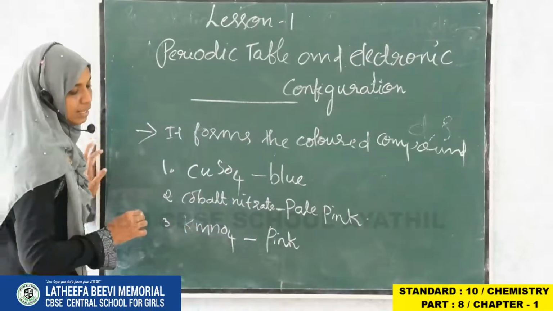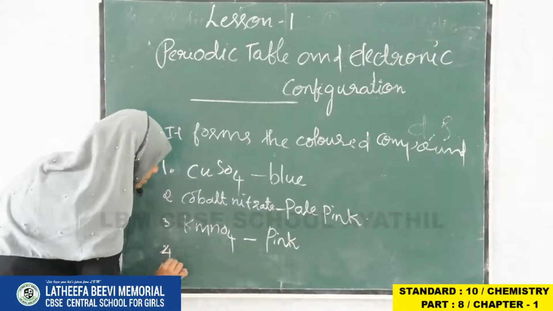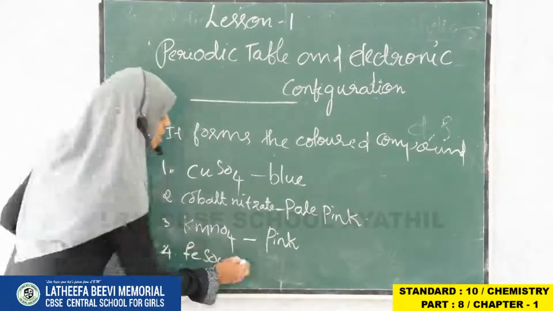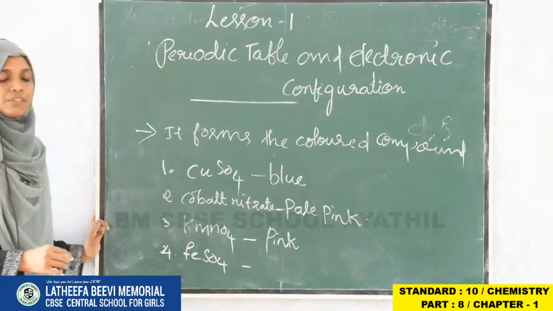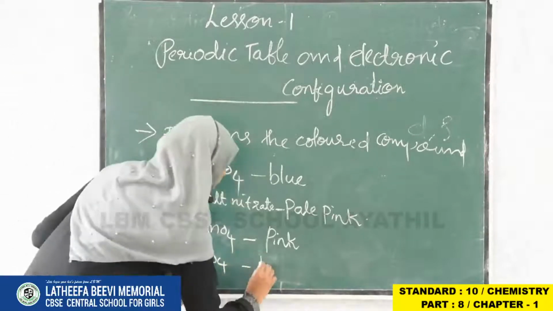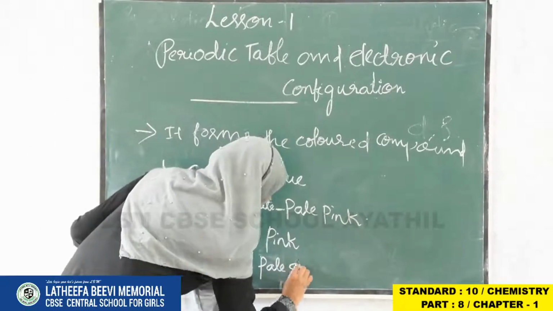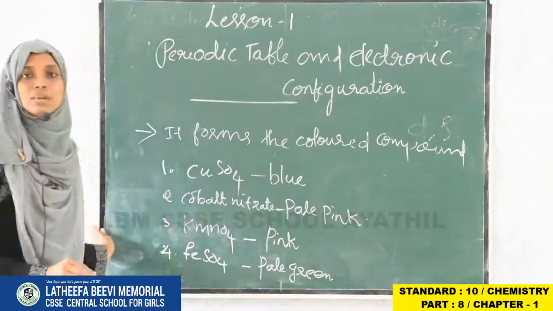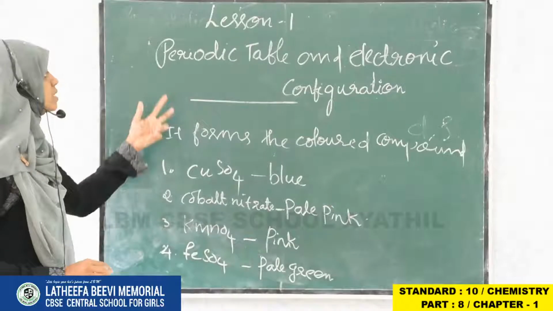There is another one, ferrous sulfate, FeSO4, and it shows pale green. These are some of the compounds of D block elements which form colored compounds.